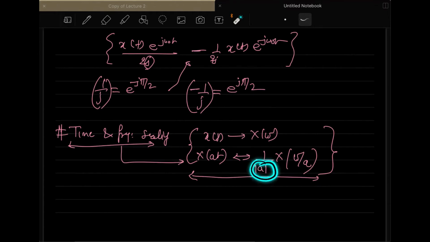Because when we substitute at by p, we get dp by a for dt. And the modulus is just for representing the scale, the whole value, and if we open it, we'll get a negative or a positive depending on the value of a.